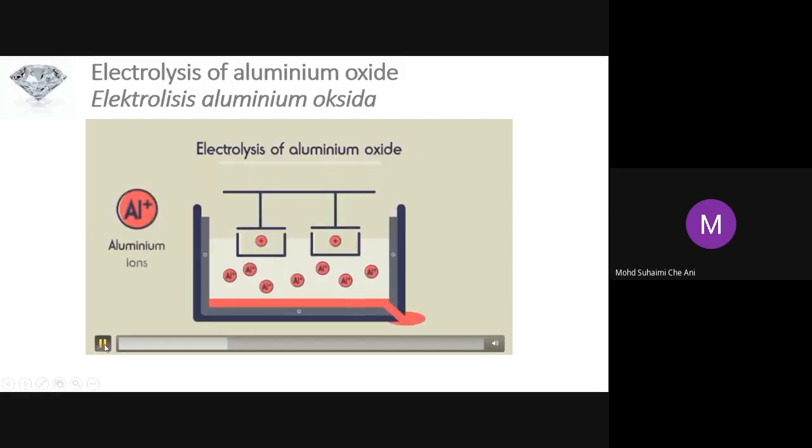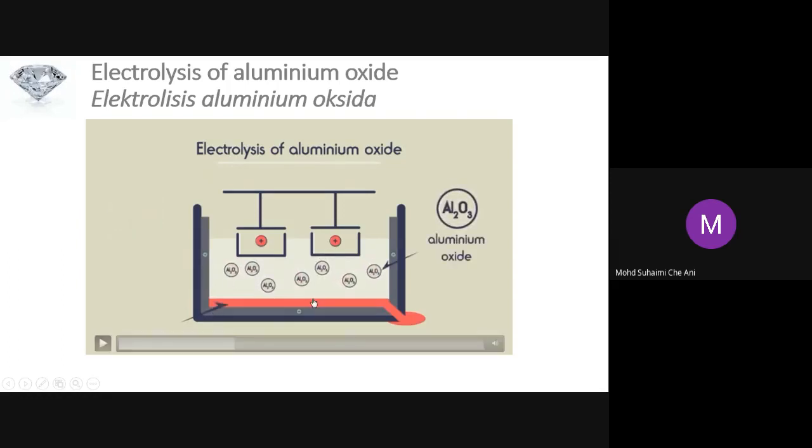This is the tank that can be used to extract the aluminium. So you will melt the aluminium oxide, and when you melt it, it will separate into the aluminium ion and oxide ion.